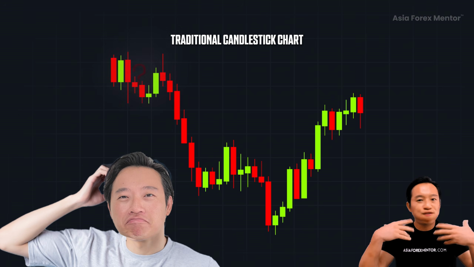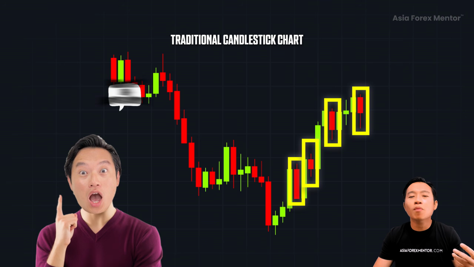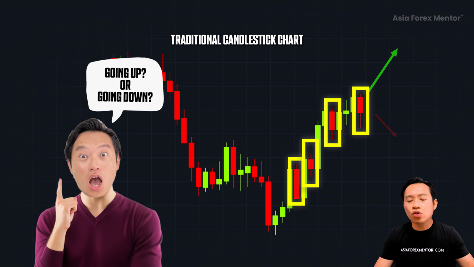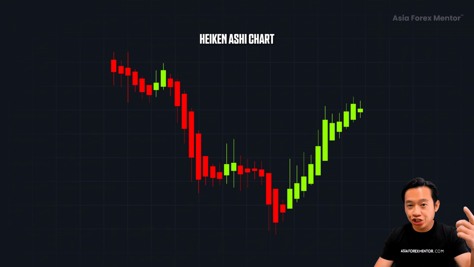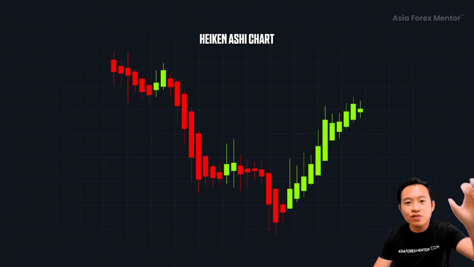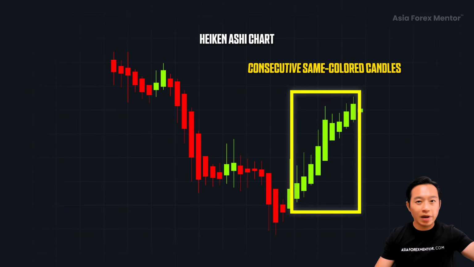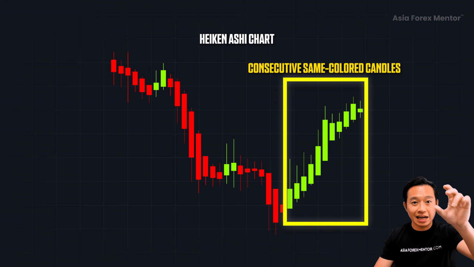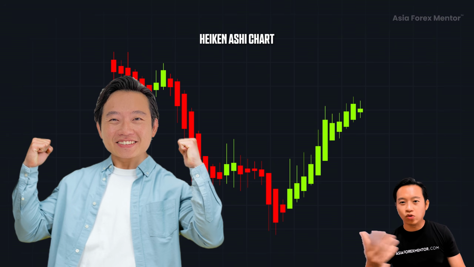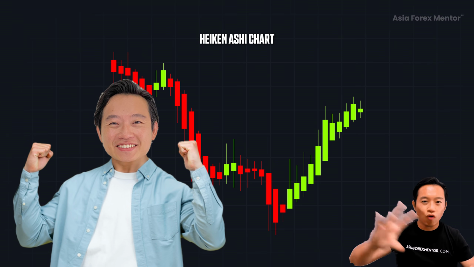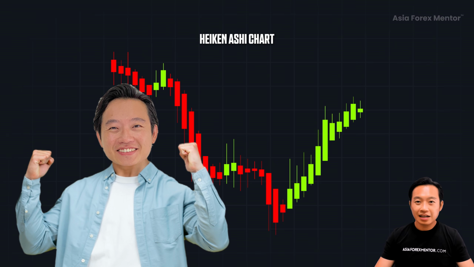It can create false signals for the buyer, like maybe it's not going up anymore, maybe it's going to go down. But if you switch to the Heiken Ashi chart, you see that it smooths out the market noise by displaying consecutive candles of the same color when the market is trending.